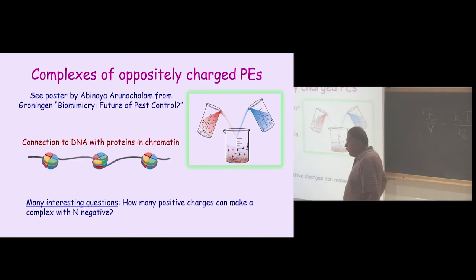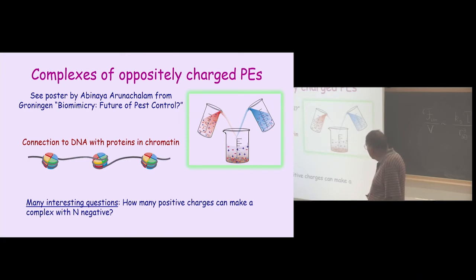Okay, so there was this polyampholyte chain with a complex sequence of pluses and minuses. Now let's do another object in which you have separately a polyelectrolyte of pluses and separately a polyelectrolyte of minuses. I took this picture from Abhinaya Arunachalam, who was kind enough to send her picture from the poster.